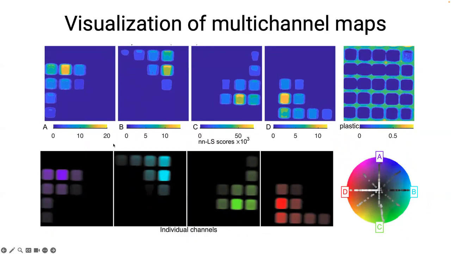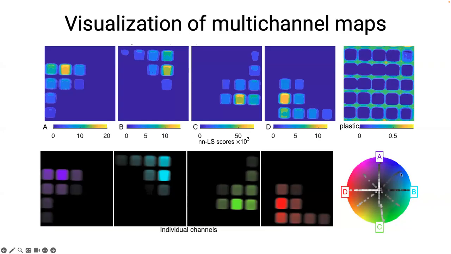So for example, something that has high scores on the reference A, it's going to come up here and be painted purple. Something that's halfway between purple and cyan is going to come here and be painted blue.